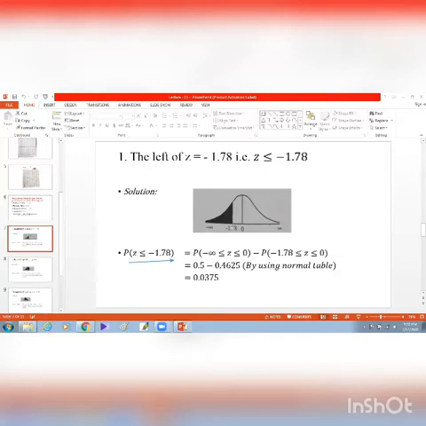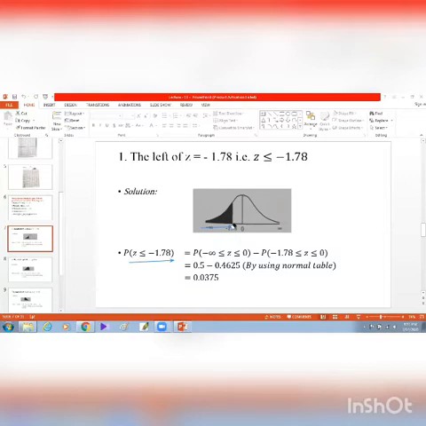That means z is less than minus 1.78, which means minus infinity to minus 1.78. Now if we represent this, we can express it as probability of minus infinity to minus 1.78.